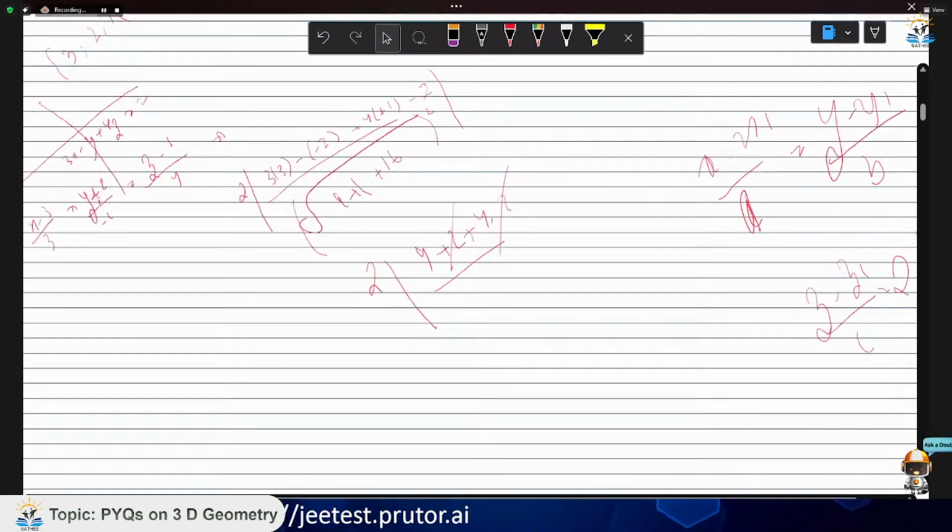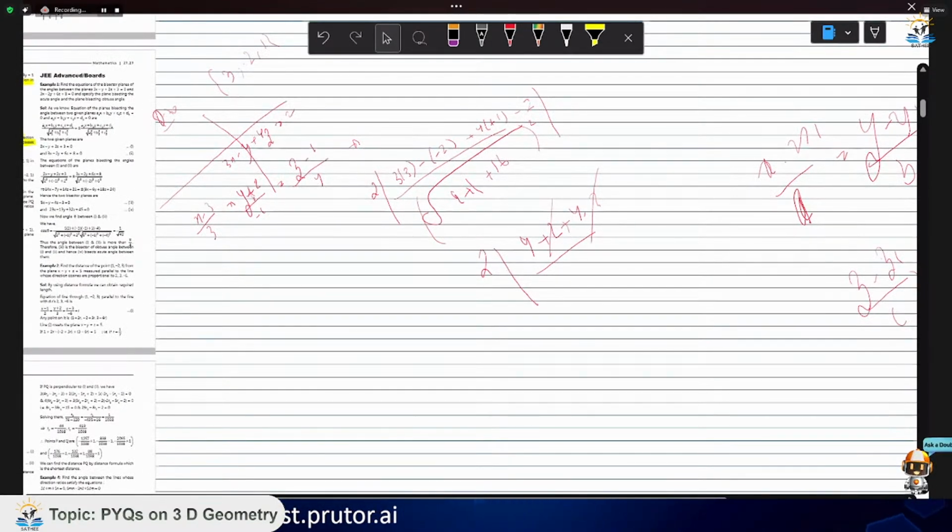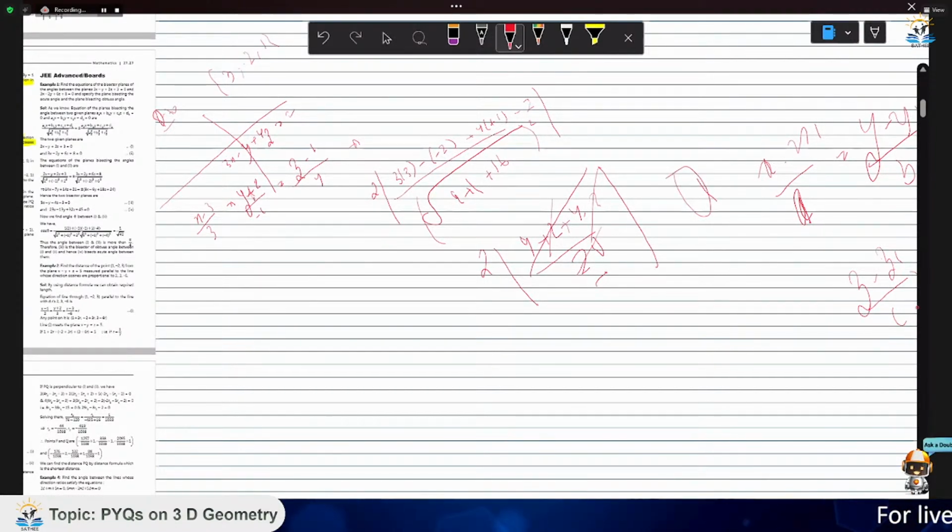There is no root. So we are applying that here. We have 13 and we have 26. So this cancels and becomes 1. So we have x is equals to 0, y is equals to minus 3, and z is equals to 10.